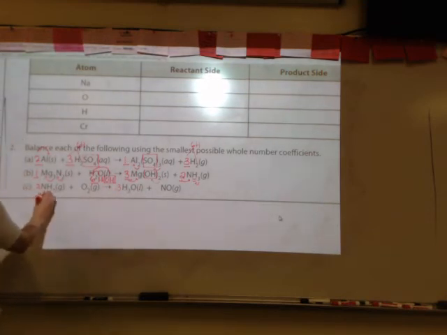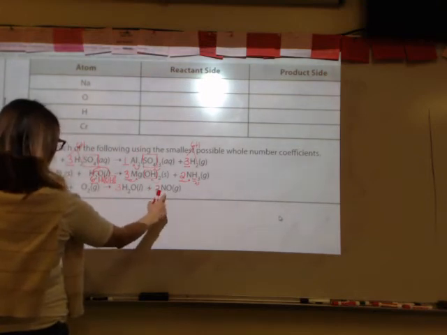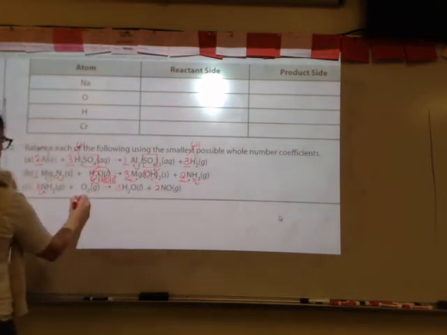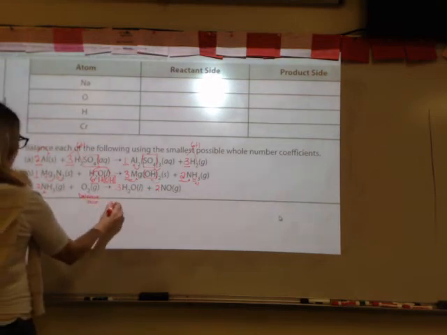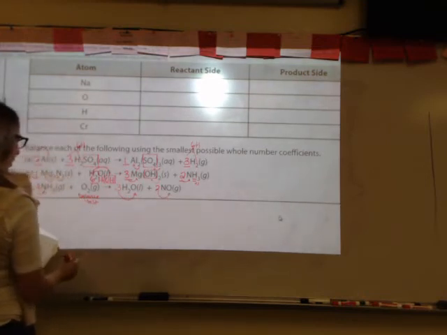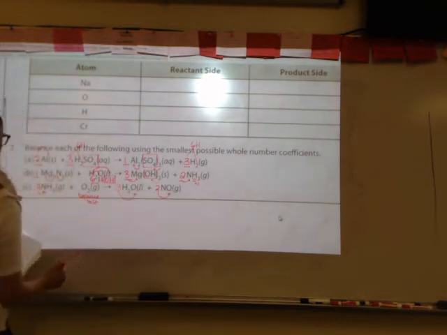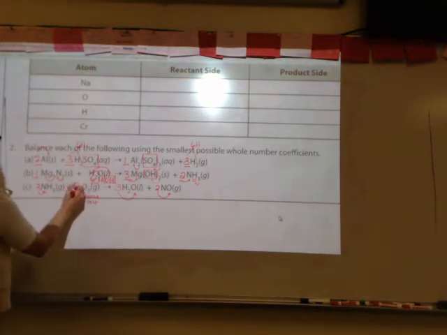This 2 gives me 2 N's. I'm going to put a 2 in front of NO to give me 2 N's. I'm going to balance this O2 last. So now I have 3 oxygen in H2O, 2 oxygen in NO, 3 plus 2 is 5. When there's an odd number that you want, put that odd number in front of the O2 and then put it over 2.